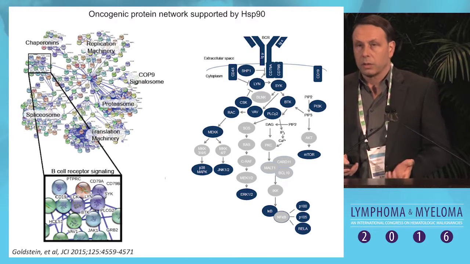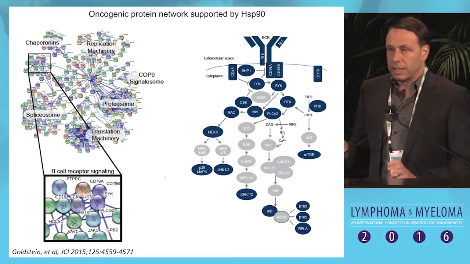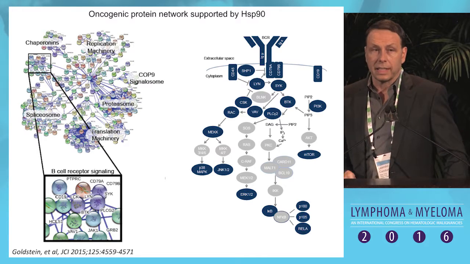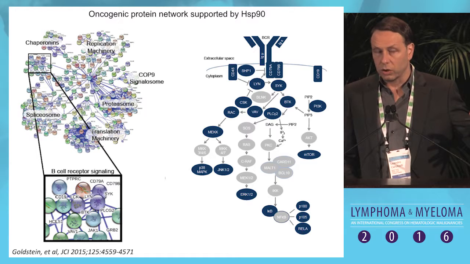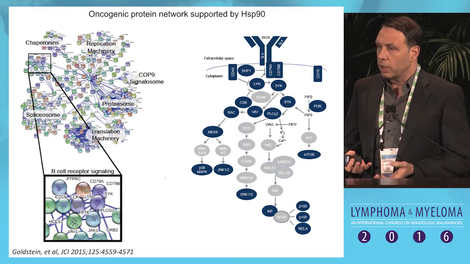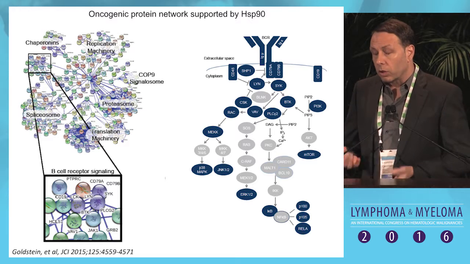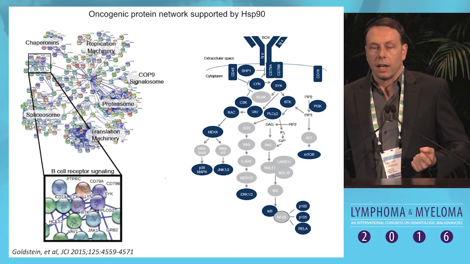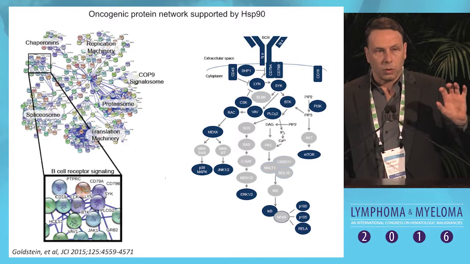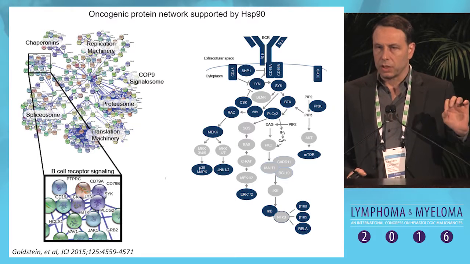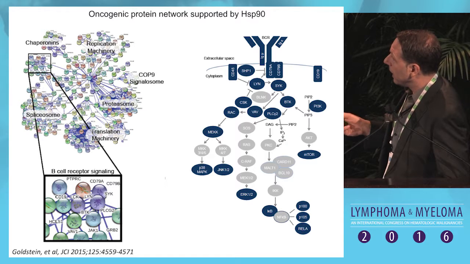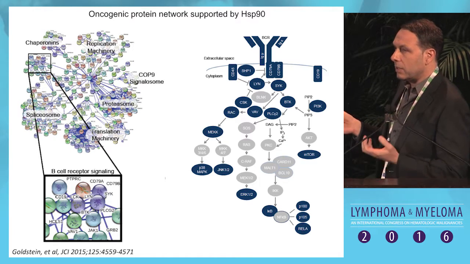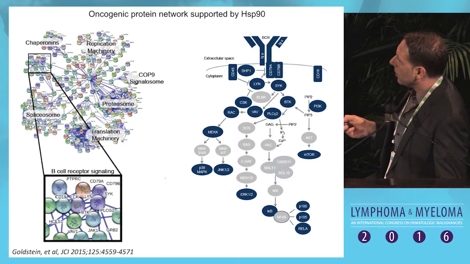So how do they do this? As I said before, we're interested in HSP90, so we studied how HSP90, which is a chaperone protein, not an oncogene by itself, supports oncogenes in lymphoma. So we did an investigation of all the proteins that bound to HSP90 in lymphoma cells, and we found that all these proteins, represented here in pathways, are bound and maintained, sustaining their activity, by HSP90.